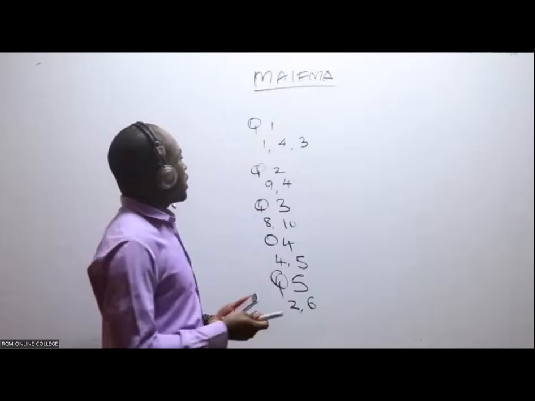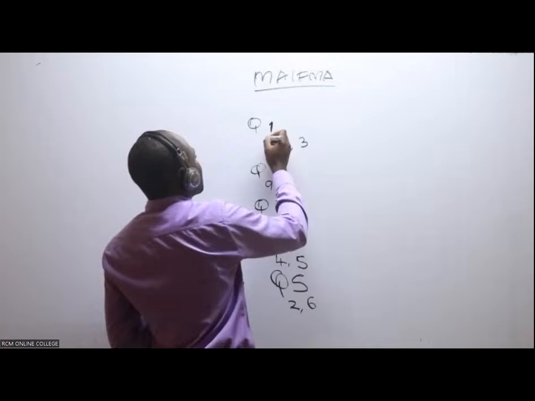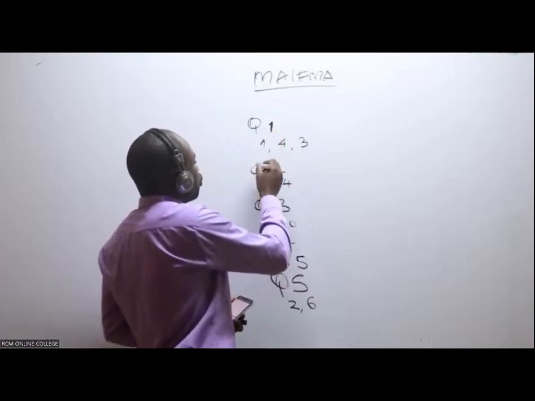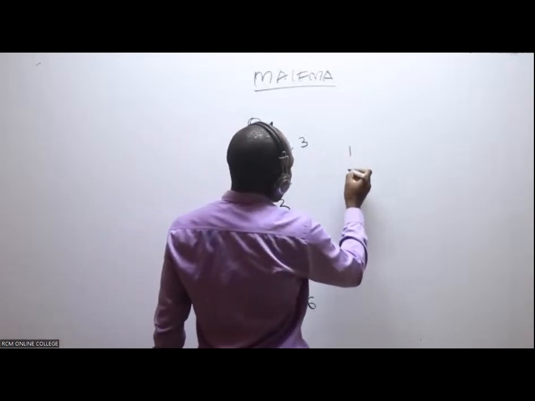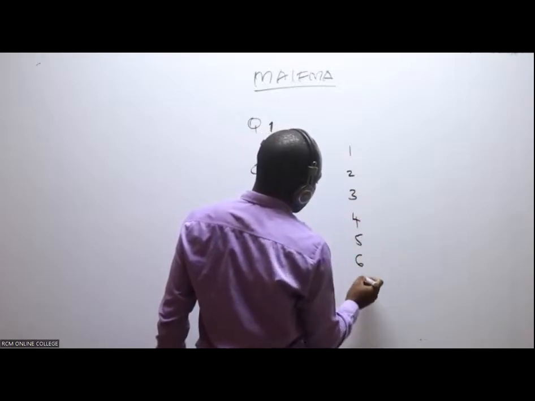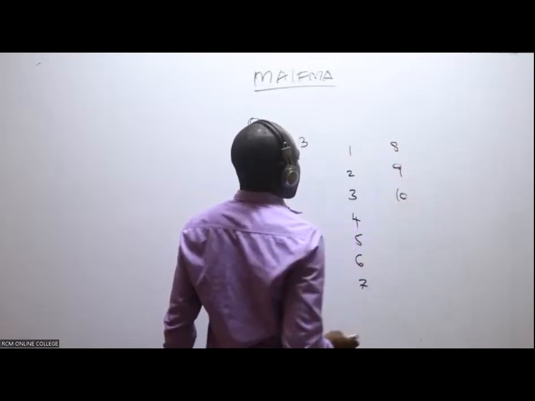So why was I taking all that time to mention the topics that were tested? This is what I want you to prepare for. So we have how many topics? 10. 1, 2, 3, 4, 5, 6, 7, 8, 9, 10.